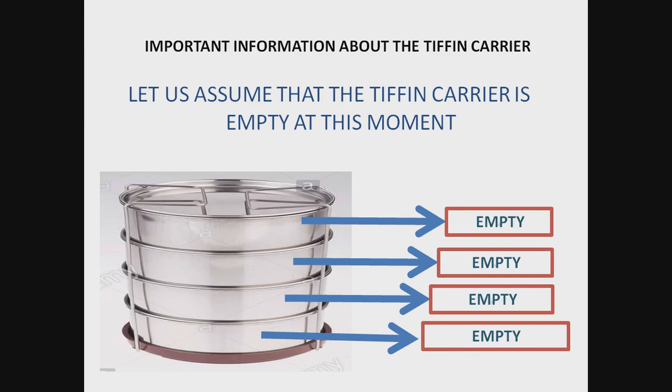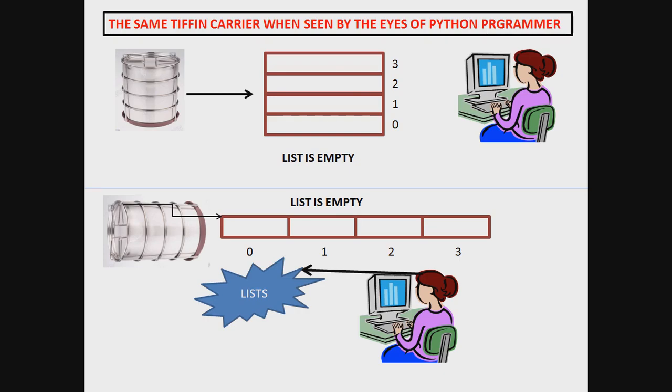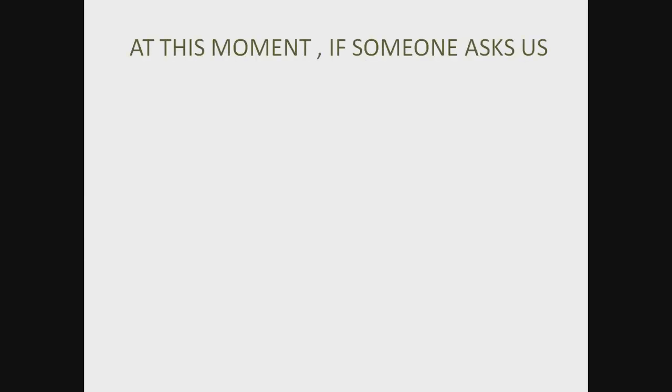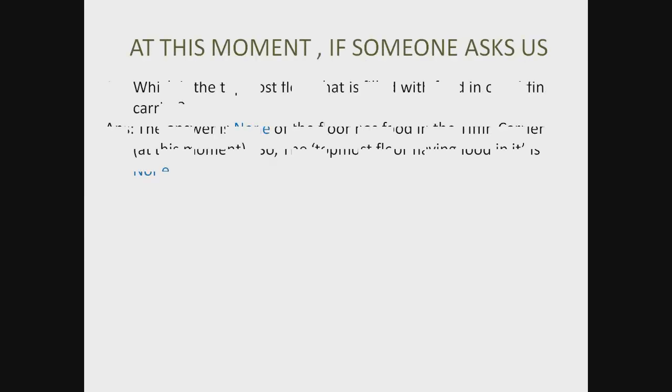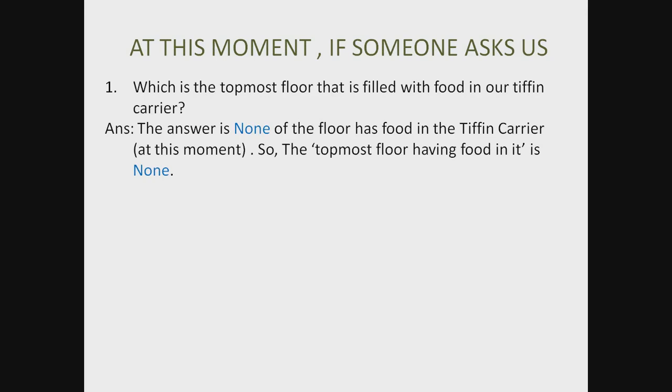If someone says now that we have to put some elements in the list, or let me say some food in the tiffin carrier, how would I be putting the food? Let us take some examples of food. At this moment, when somebody says that I have to take the food and put it in the tiffin carrier, that means I have no food now.